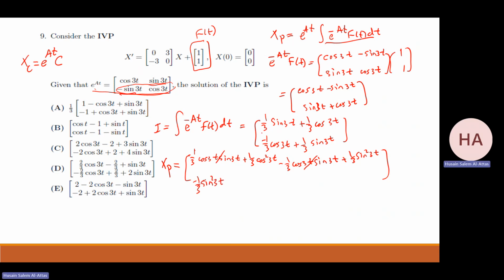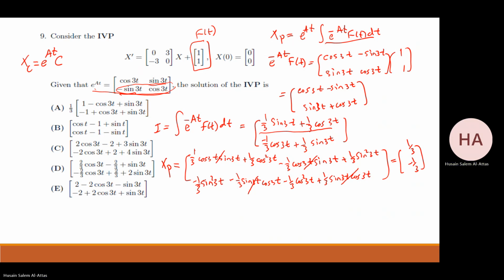This will divide by the first element. Minus 1 over 3 sine 3t cosine 3t. Now, minus 1 over 3 cosine squared 3t plus 1 over 3 sine 3t cosine 3t. This is cancelled. So I'm getting what? 1 over 3 and minus 1 over 3. Nice. That will be my xb.